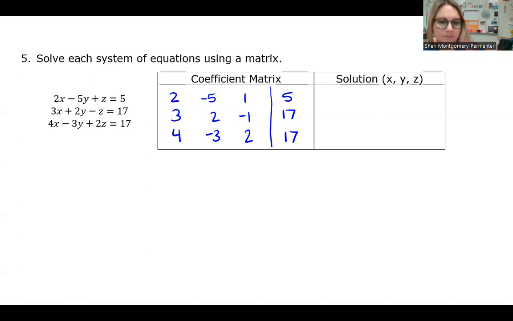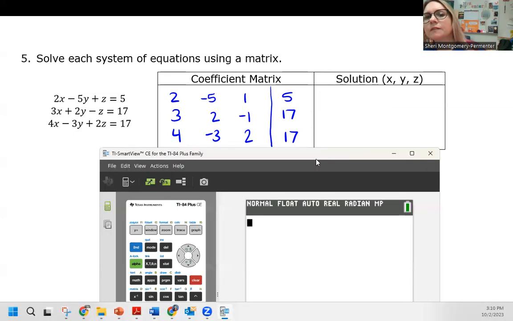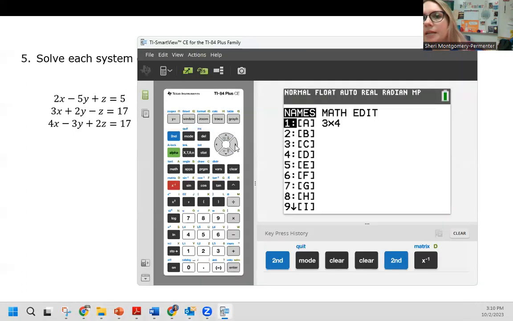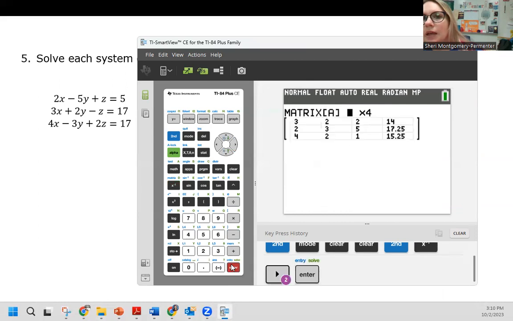When you click the second entry, it says error. So I'm going to go in here and I'm going to type in my stuff. So I have to do second, matrix. It's hard for me to see that far. So second and then matrix. And then I'm going to arrow over 2 times to edit and press enter.